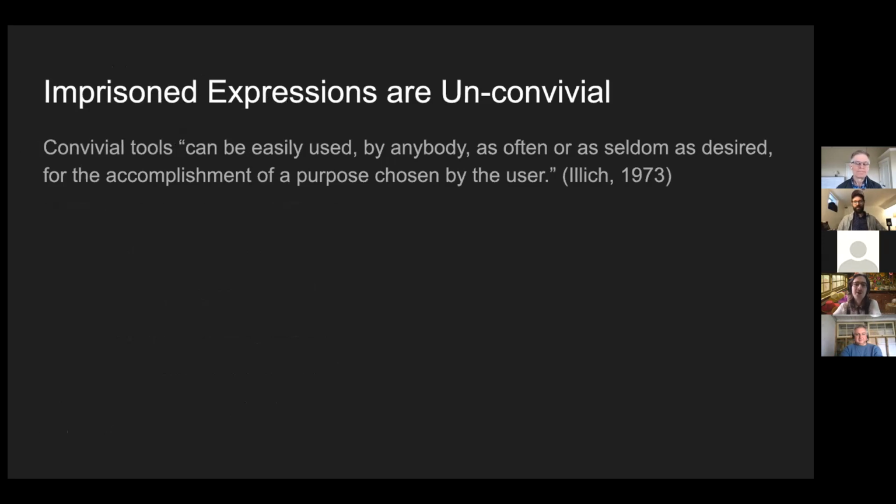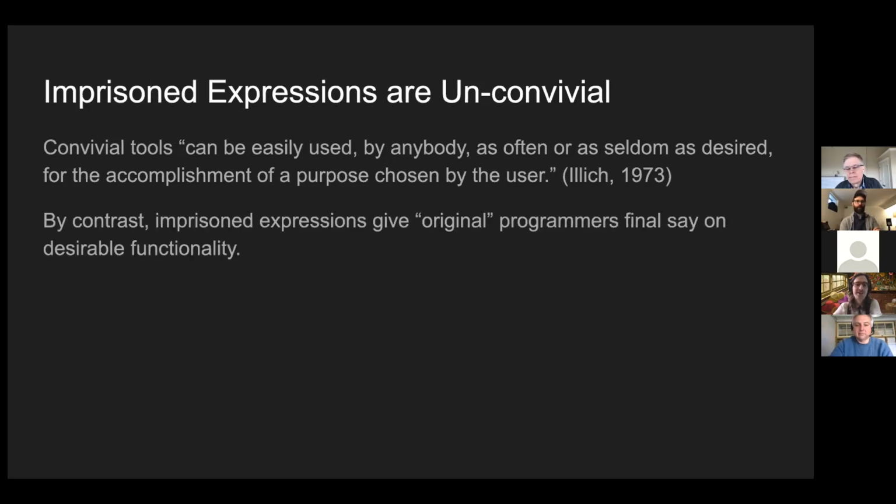So we are arguing that imprisoned expressions are bad because they run counter to the values of conviviality. Ivan Illich said in his book Tools for Conviviality that convivial technologies are those that can be easily used by anybody as often or as seldom as desired for the accomplishment of a purpose chosen by the user.